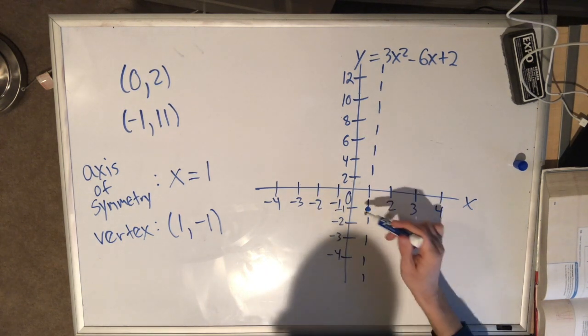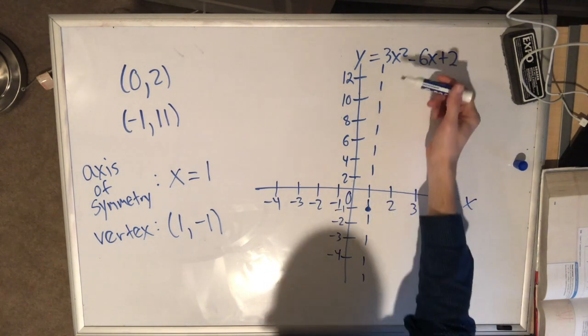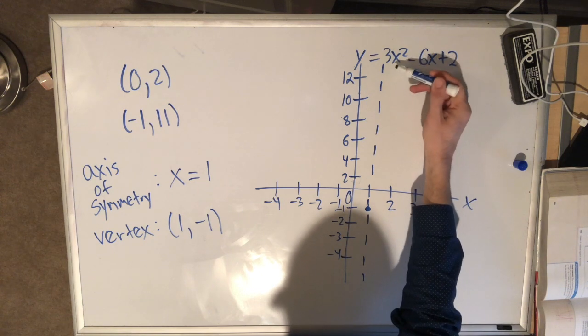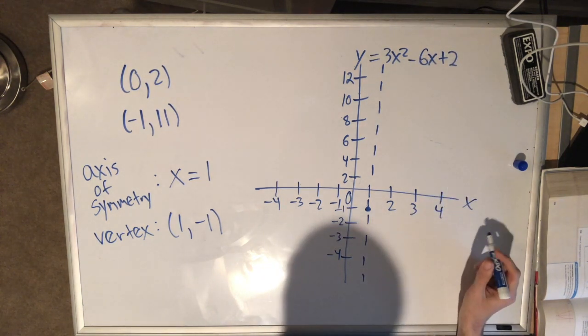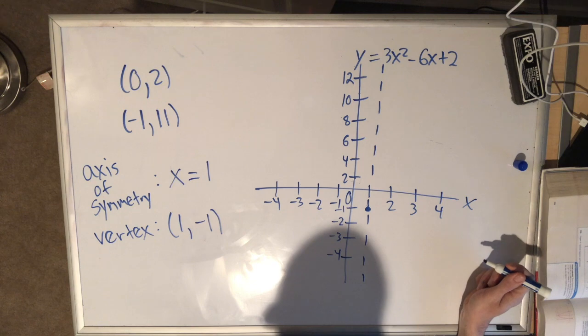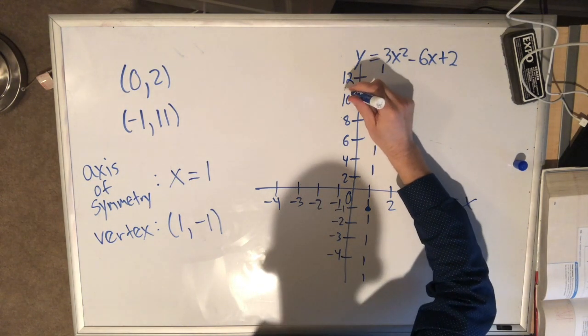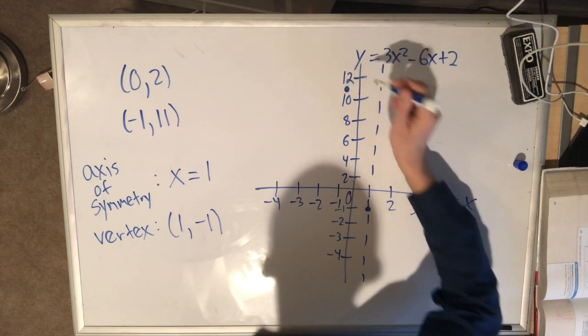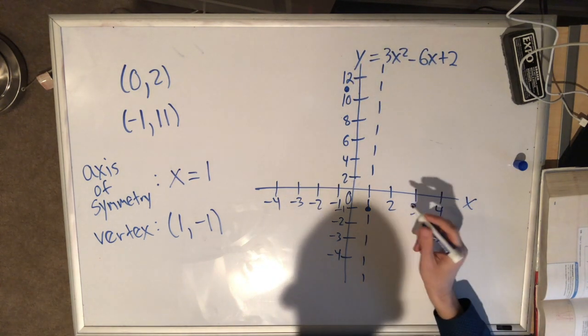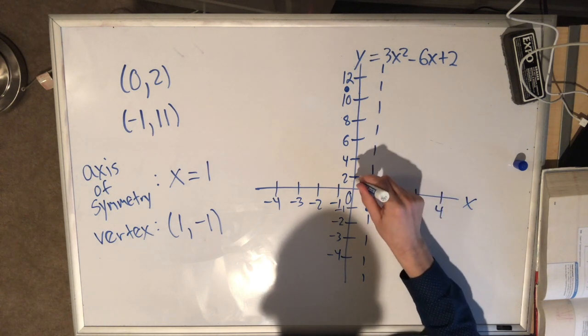The parabola opens upwards because the variable squared term is positive. And we have the point -1 comma 11 on the graph, right here, and the point 0 comma 2 on the graph.